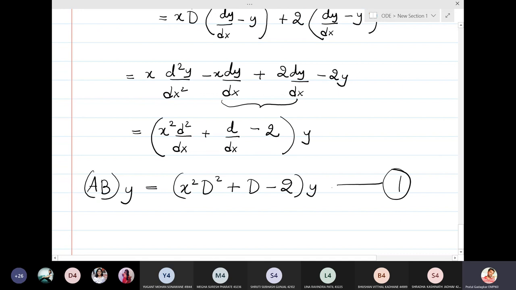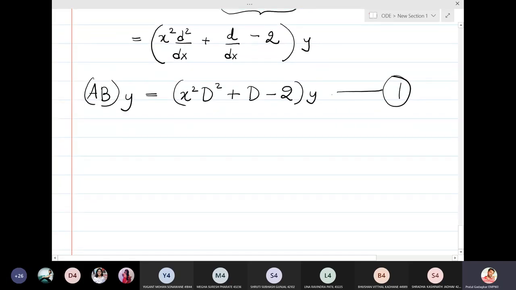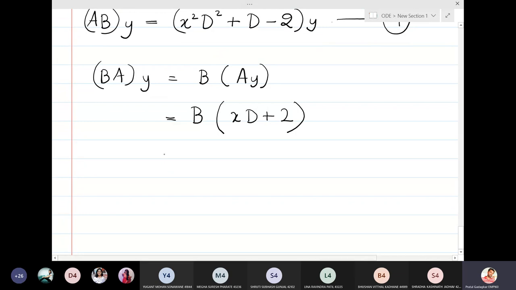Okay, now when I go for calculating BA, I have to be a little bit more careful. So when I have BA of y, it is equal to B of Ay, which is equal to B. What is A? A is x d plus 2, which is equal to, what is B?